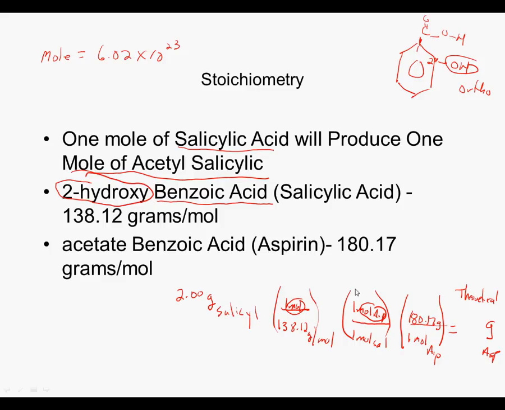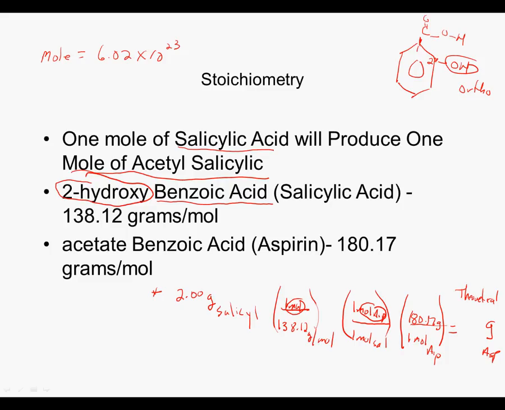But that's only if the salicylic acid was what we call the limiting reagent. We'd also want to prove how much we would get based on the acetic anhydride that we used. Based on the density that is given to you in the lab for the acetic anhydride and the volume of the acetic anhydride you used, I want you to use the same calculation to figure out theoretically how much aspirin you should get.